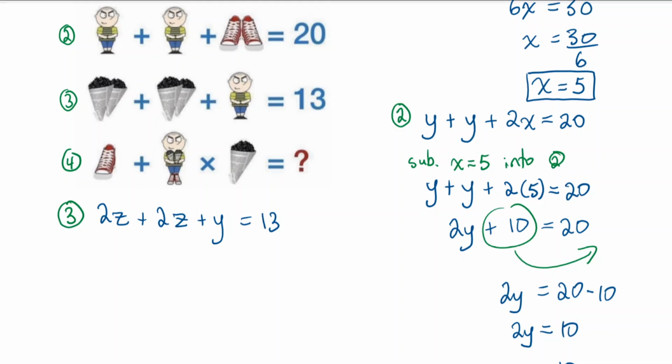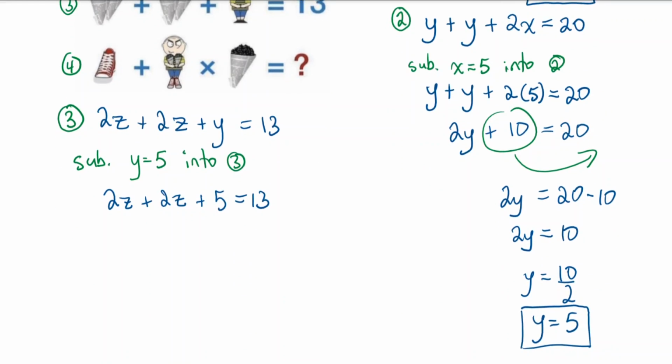We know y is 5, so we're going to substitute y equals 5 into our third equation. So we get 2z plus 2z plus 5 equals 13.